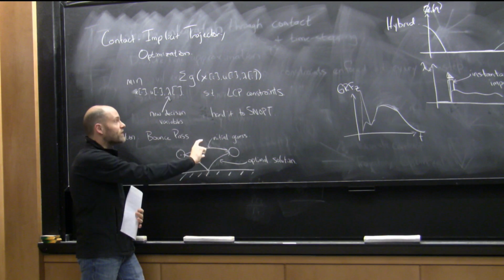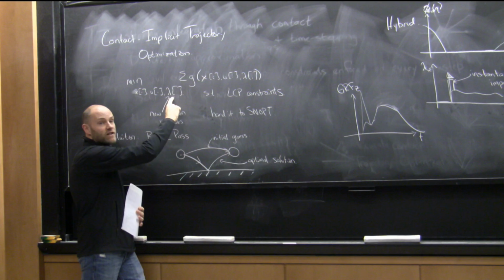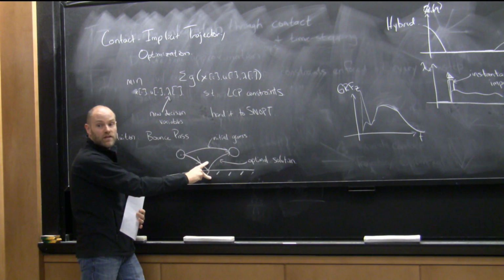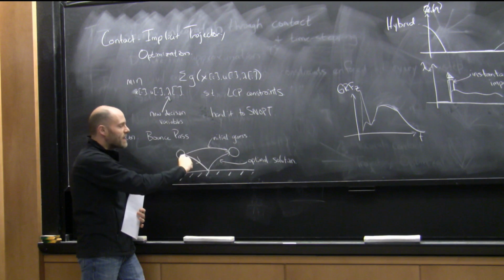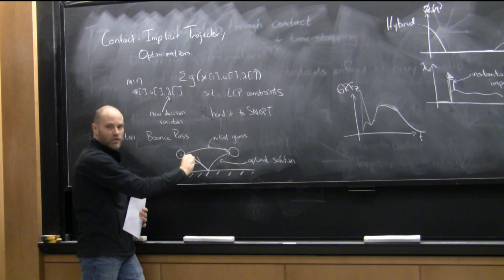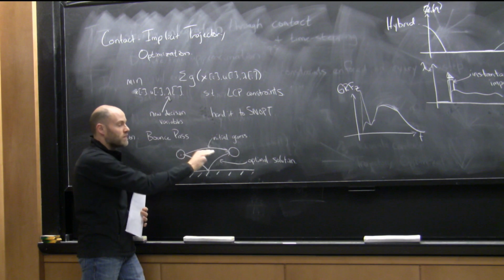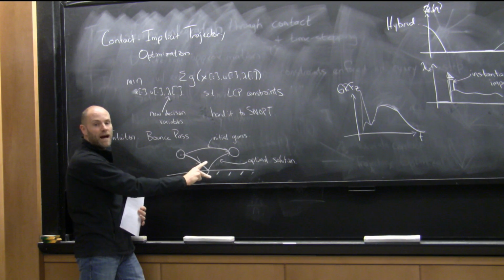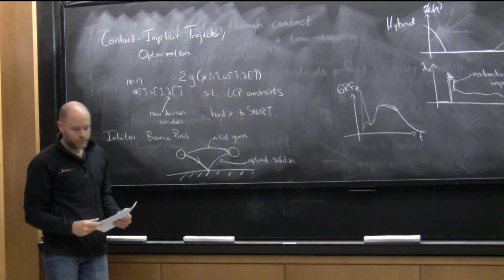So by writing the formulation like this, you're giving the solver an opportunity to see this opportunity to use contact to solve the problem. So it's able to get around more local minima. That was actually the original motivation of the algorithm, to tell the solver about the possibility of contact. Okay.